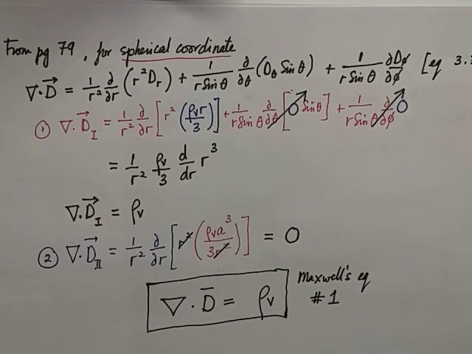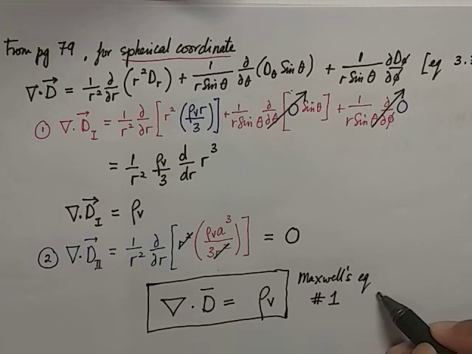If you refer to our course learning outcome number 2, it clearly states Maxwell equations. Actually, we're going to learn about 4 Maxwell equations. The first Maxwell equation is as shown here.